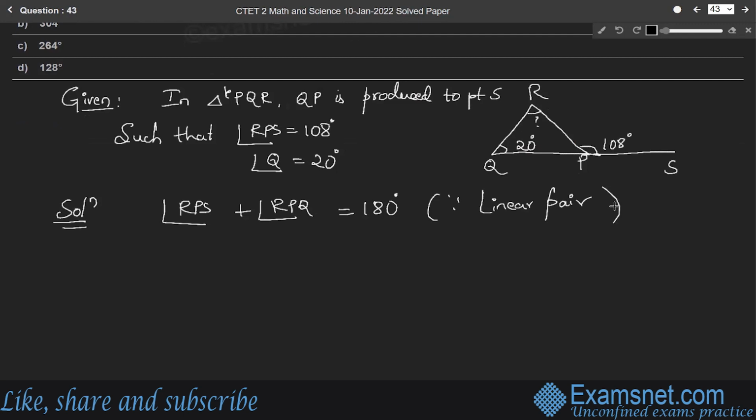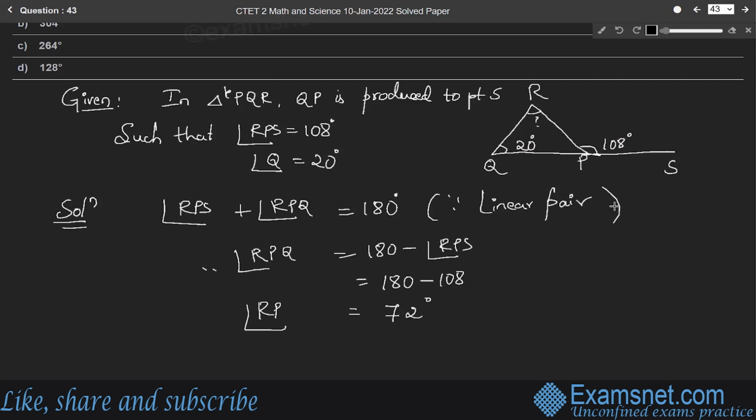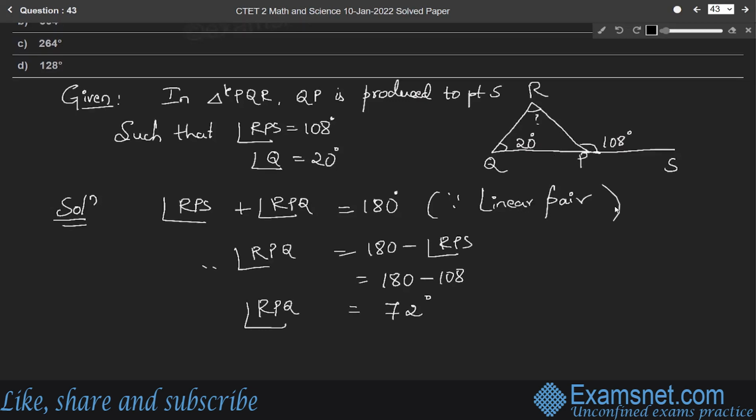That means their sum is 180 degree. Therefore, angle RPQ is equal to 180 minus RPS. RPS is 108 degree, which is given. Therefore, angle RPQ is equal to 72 degree.